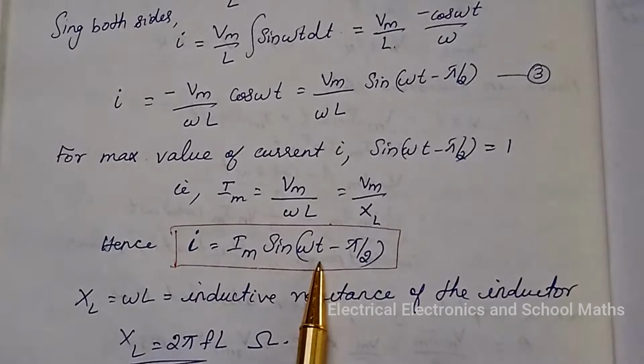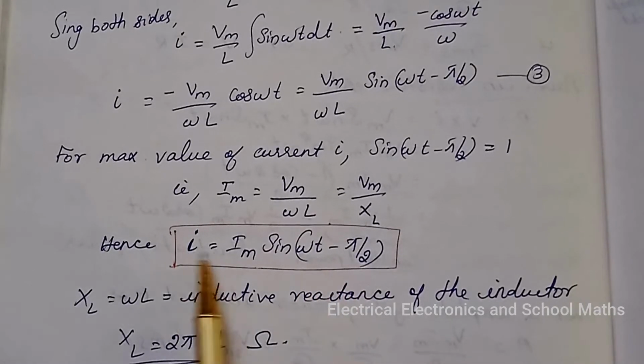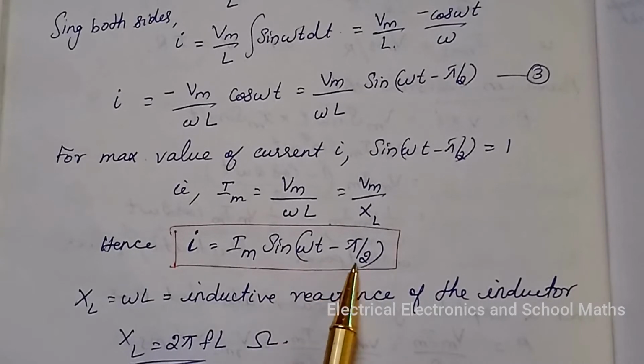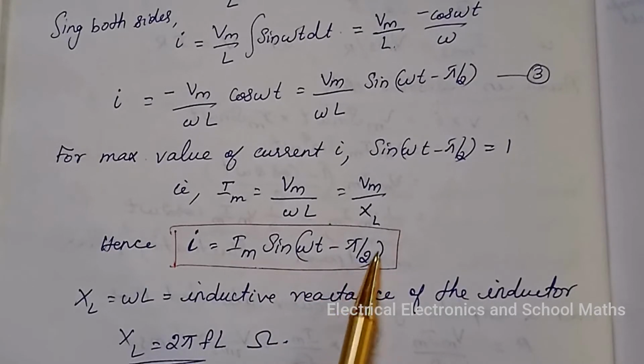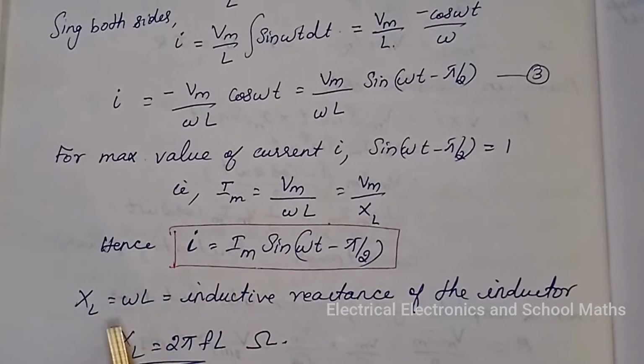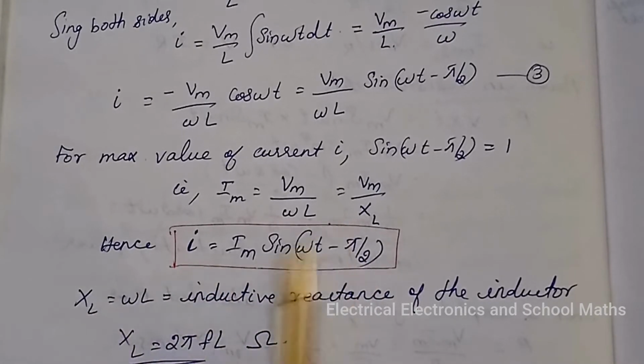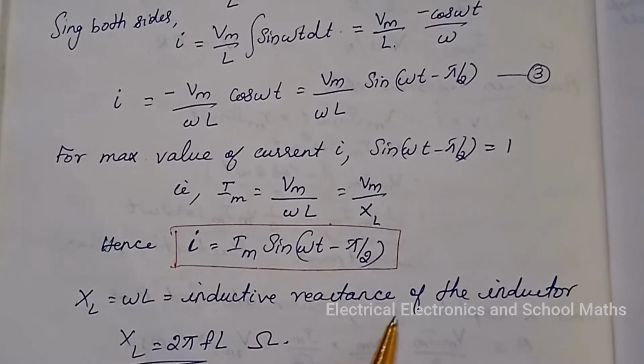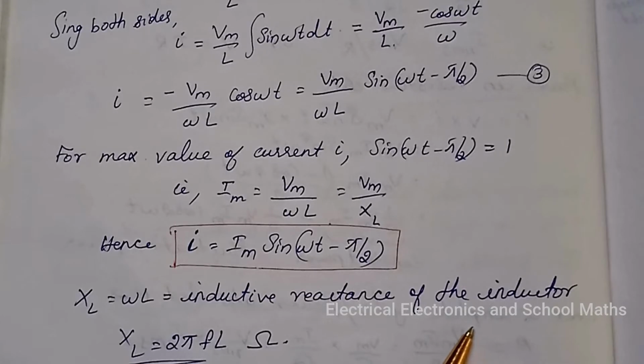From this equation, it is clear that current lags behind the applied voltage by an angle of 90 degrees. And XL equal to omega L is called the inductive reactance of the inductor.